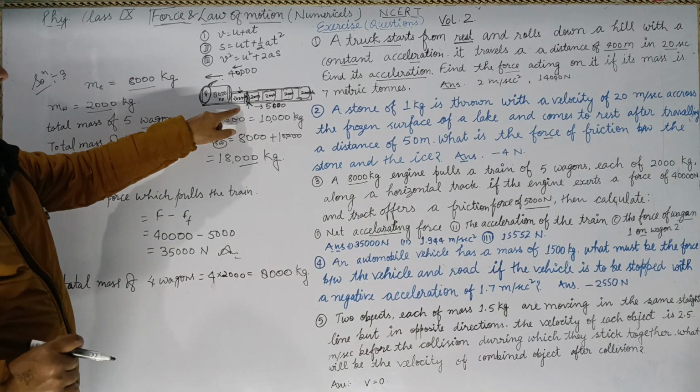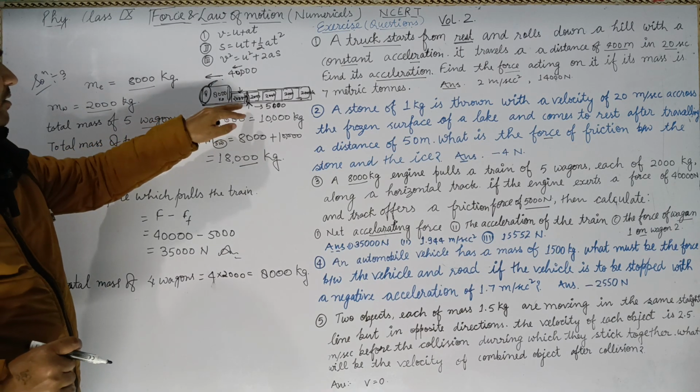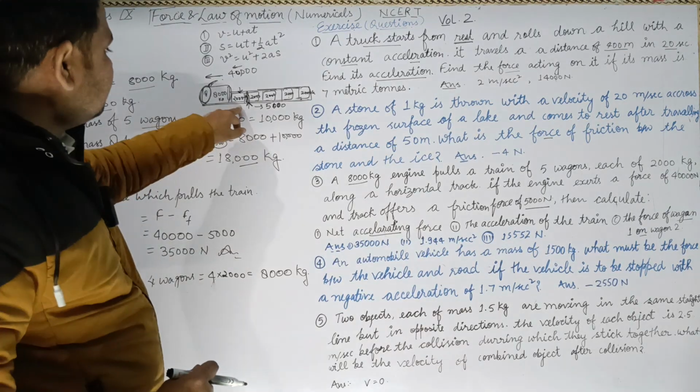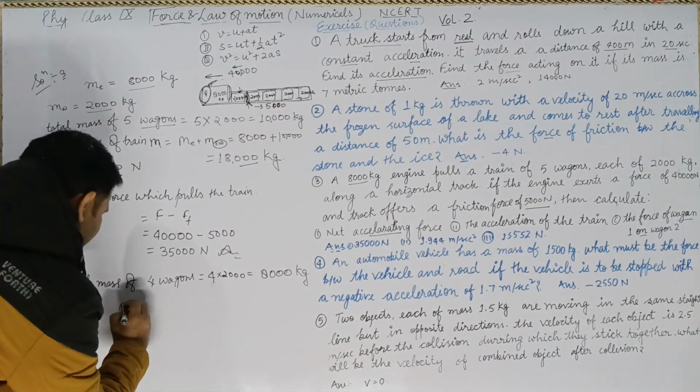The force applied by the first wagon on the second is F equals ma.